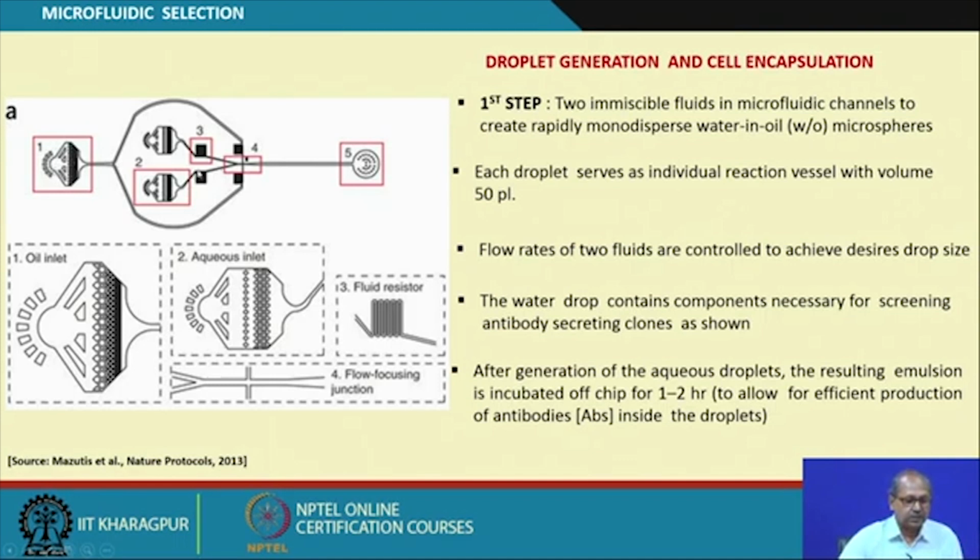When these phases come to focus at this point, the oil phase pinches the aqueous phase and makes droplets of the required size. The size of the droplet depends upon the speed of all the 3 solutions, and it should be standardized so that the droplet can encapsulate at least one cell. Then this is where the cells are captured, and this is the flow focusing happening here, by which droplets are generated.